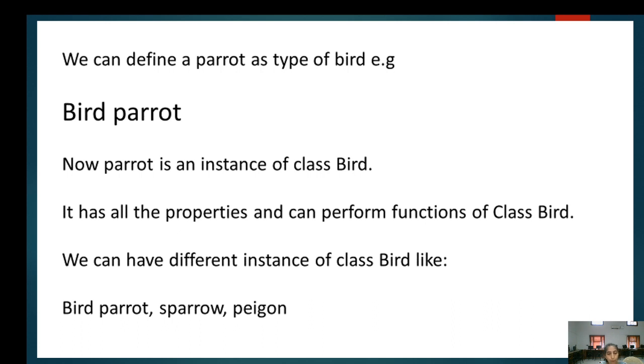It has all the properties and can perform the functions of class bird. We can have different instances of class bird, like we can define parrot, sparrow, pigeons. They are different instances of the class bird, and they all have wings and they all can fly.